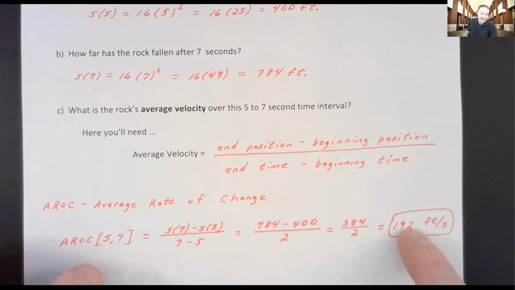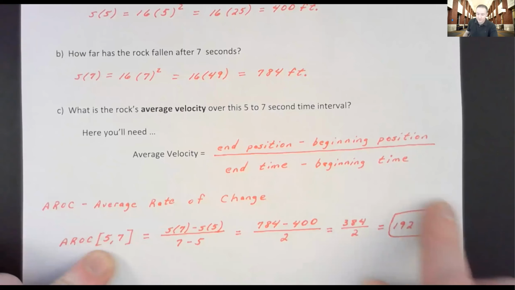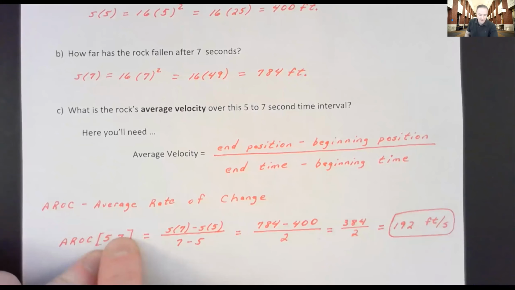Well, what would be the instantaneous velocity at the beginning of this period at 5 seconds? Probably less than that. It just makes sense that the average velocity over this 5 to 7 second period is going to be faster than the velocity at 5, but slower than the velocity at 7. It's the average velocity over this time period.